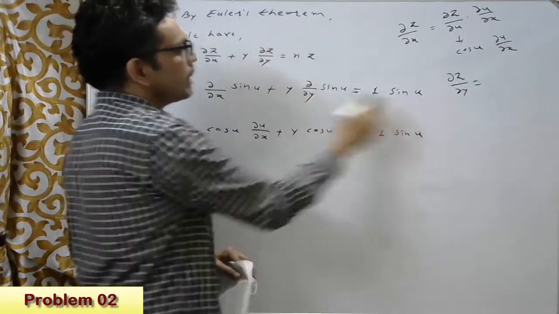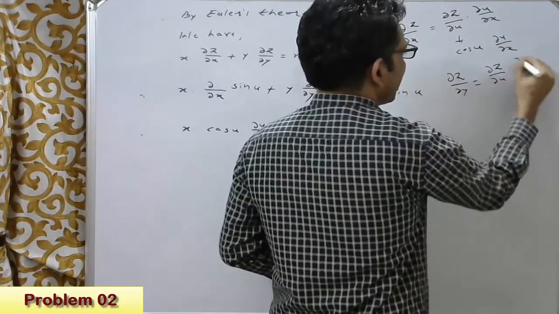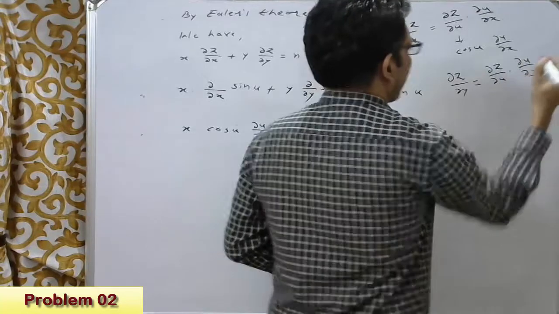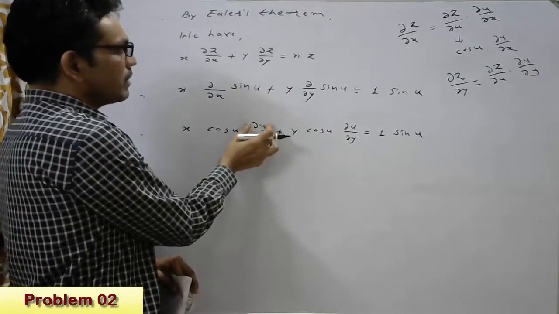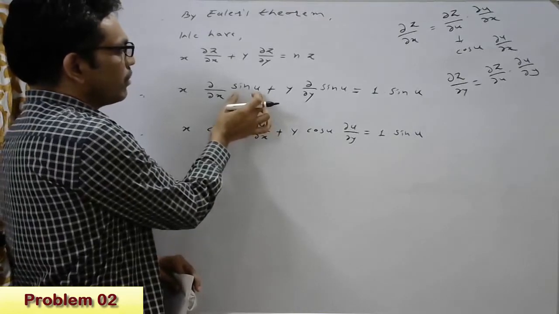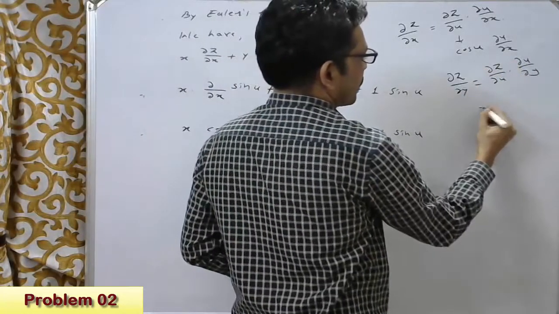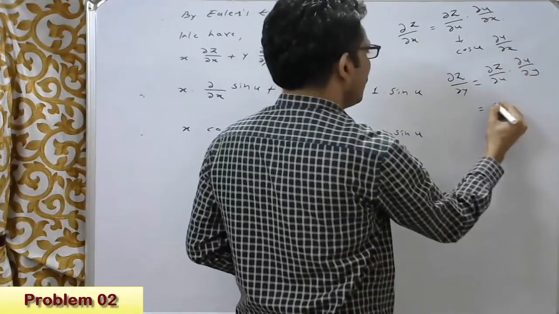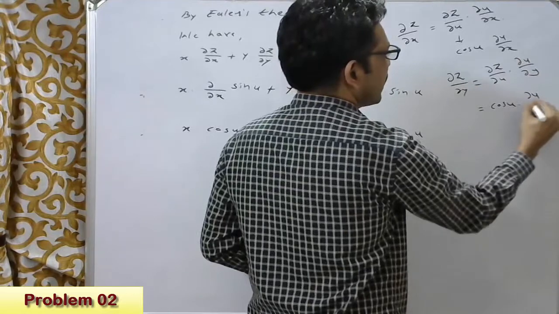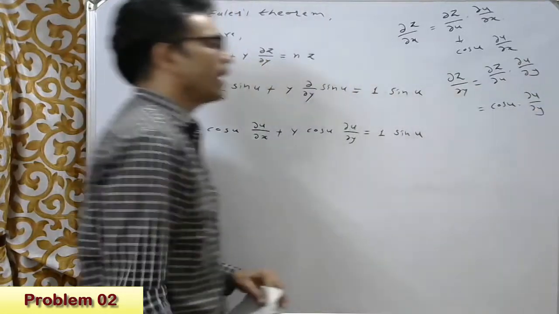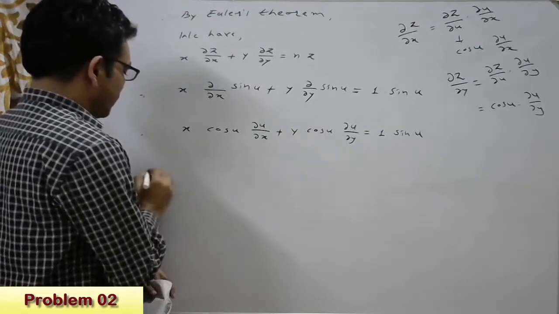Therefore, del z by del y is equal to del z by del u into del u by del y. The derivative of sine u is cos of u, multiplied by del u by del y.